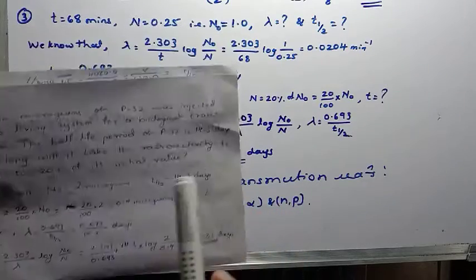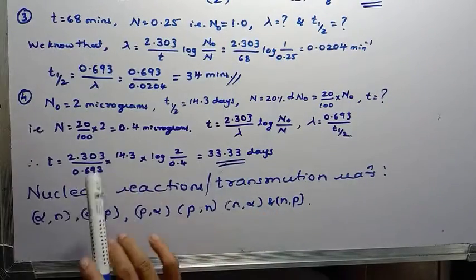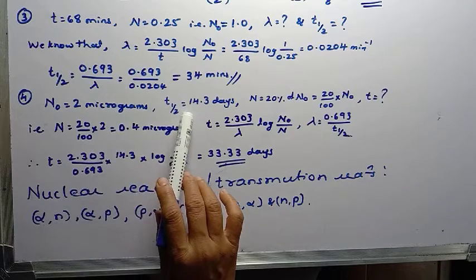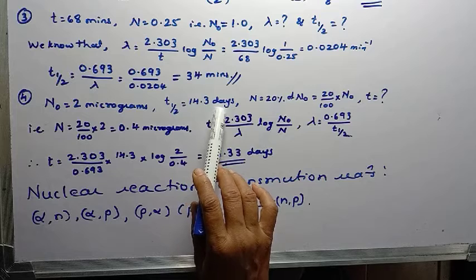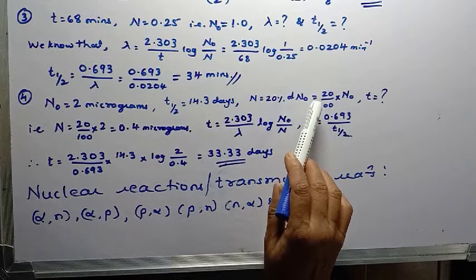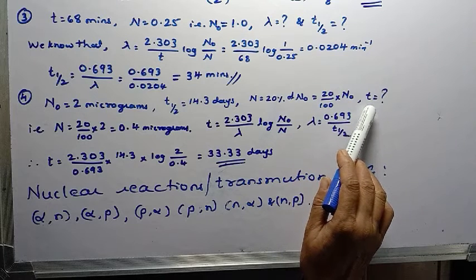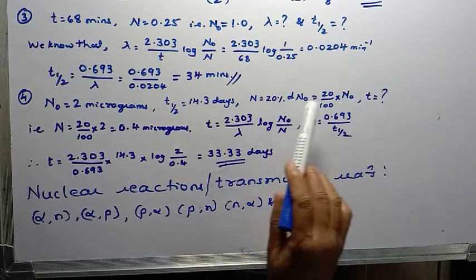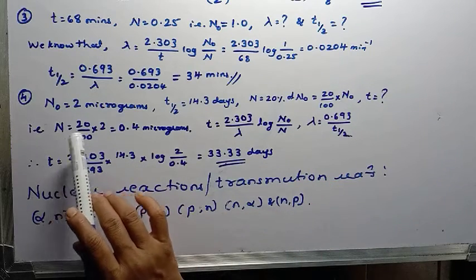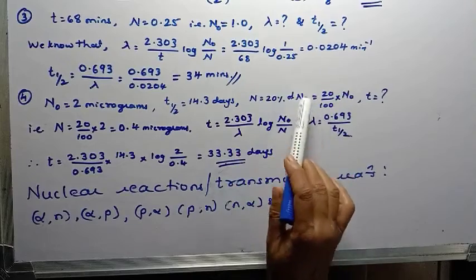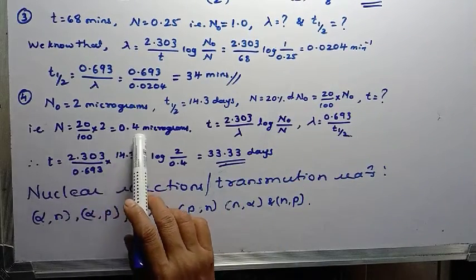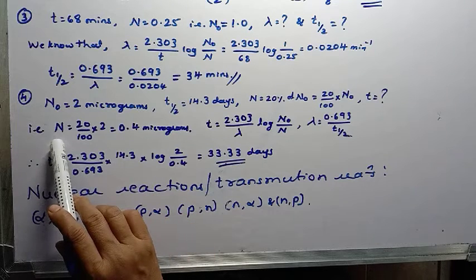In this problem they have given N0 as 2 micrograms, T half as 14.3, and N equal to 20% of N0, that means 20 by 100 into N0. We have to find out after what time this much will be left. So N is equal to 20 by 100 into 2, which is 0.4 micrograms.